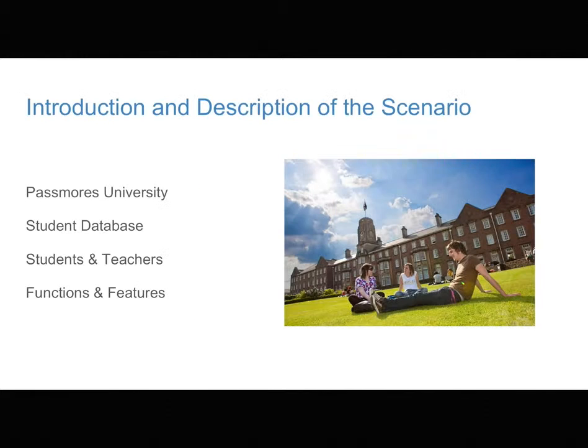Okay, first a brief introduction and description of the scenario. So what is the situation? Our presentation looks at Passmores University, which wants to build an information system that acts as a student database. This should be accessible to students, staff, and administration, and should have different functions and features.